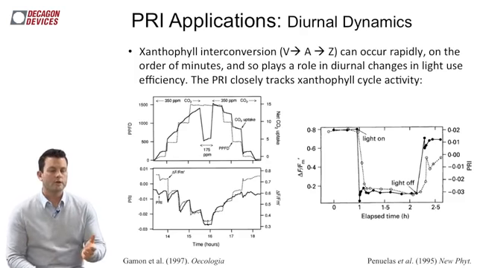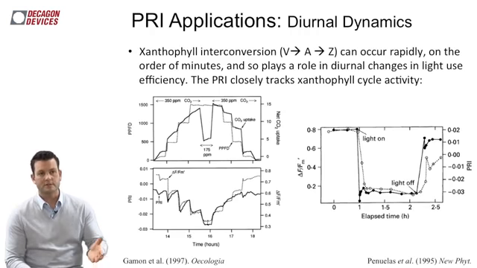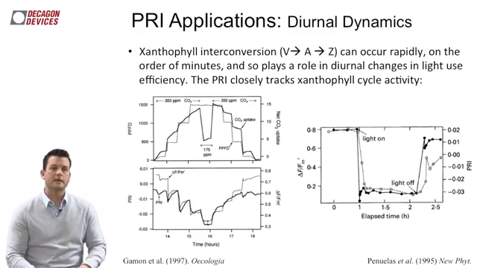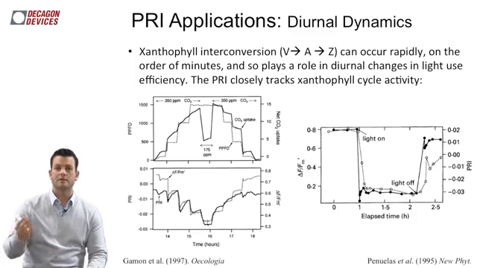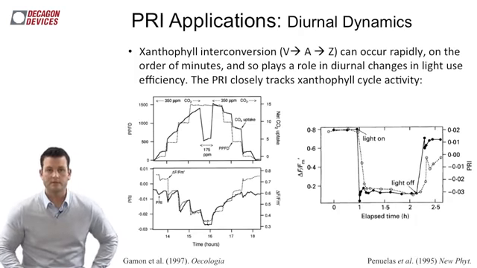What is being shown here is that PRI and the fluorescence measurement track very well the timing of the steps in light level. As light is ramped up, PRI decreases and delta F over Fm' decreases, both indicating a decrease in light use efficiency. And then as the light level is ramped down, we see the reverse, where both PRI and fluorescence increase, indicating an increase in light use efficiency.